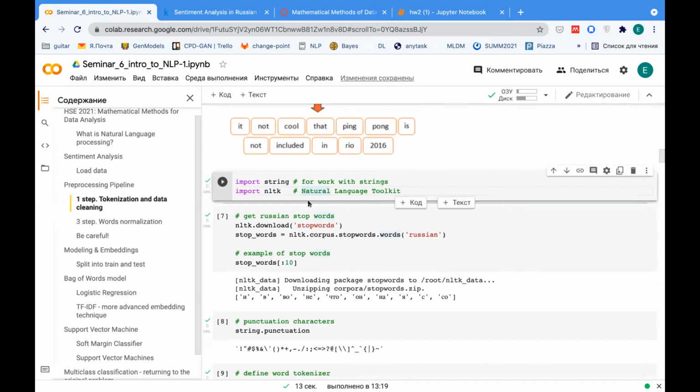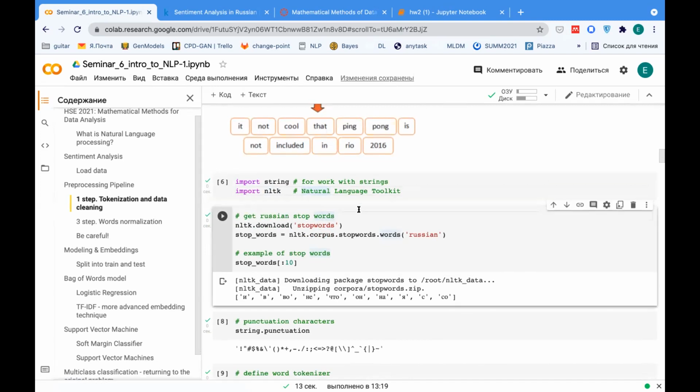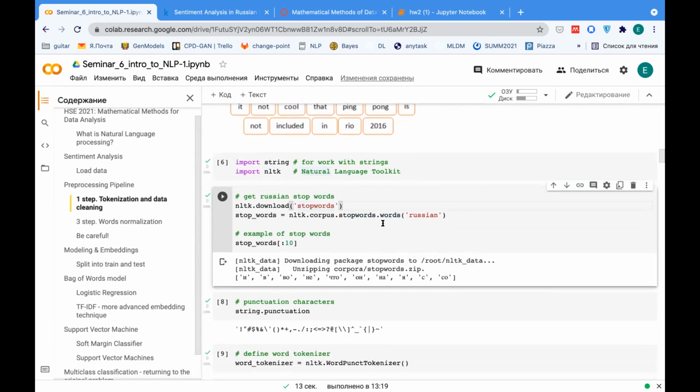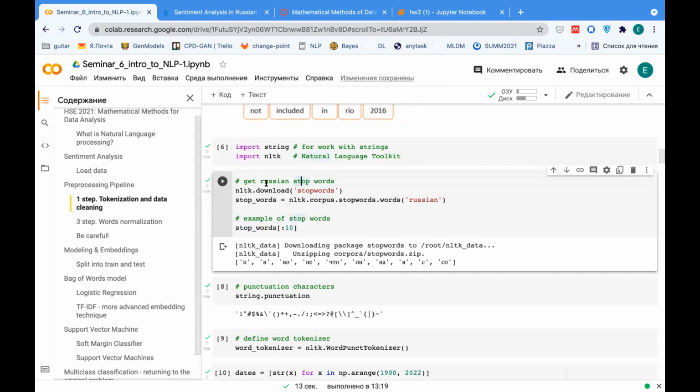So probably you should go for libraries that are built especially for some language. But of course, it's not the case for English, as most libraries for text processing are, of course, for English. And it's also the same for NLTK.